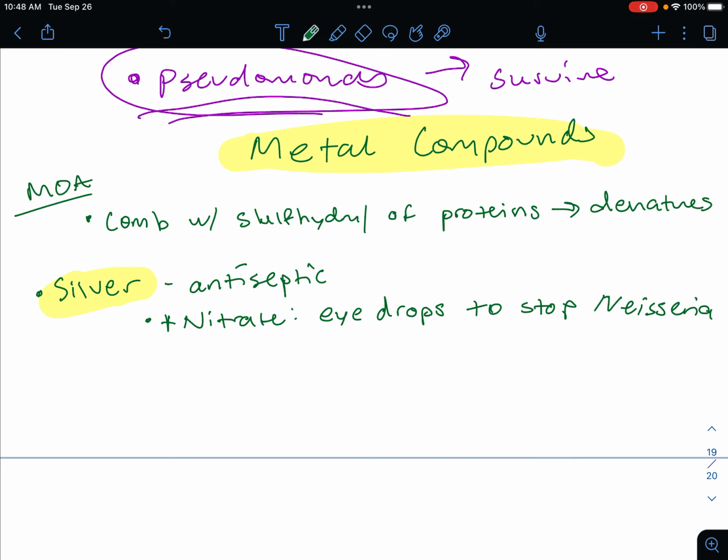So when babies are born, nowadays they just use an antibiotic, but before they would give silver in eye drops to babies to stop them from having gonorrhea. And we also have compounds of mercury, tin, copper, and other trace metals that are used as preservatives.